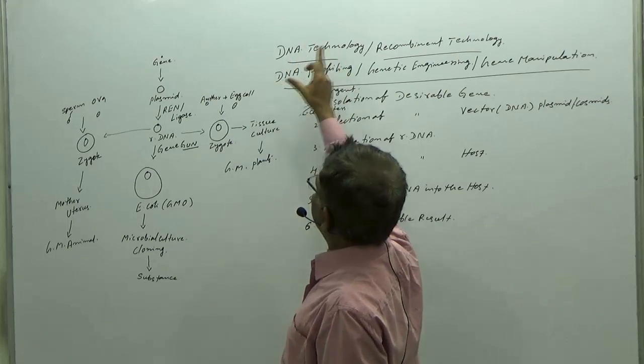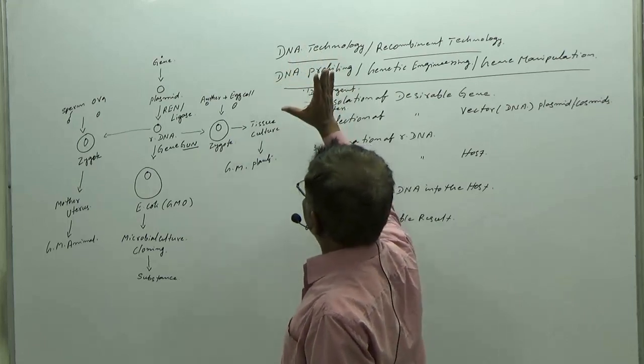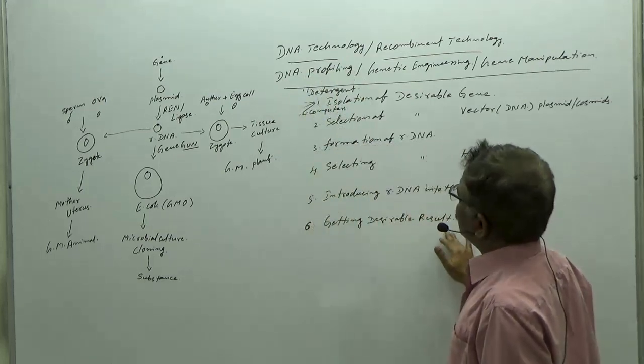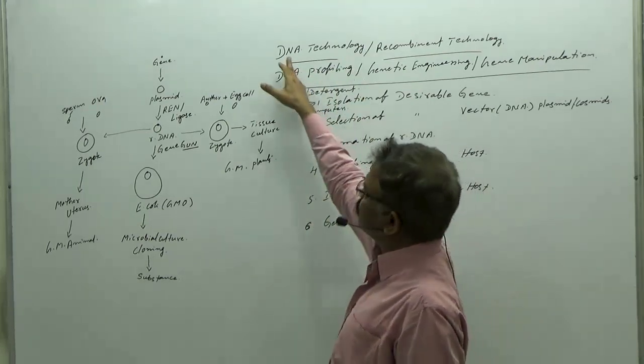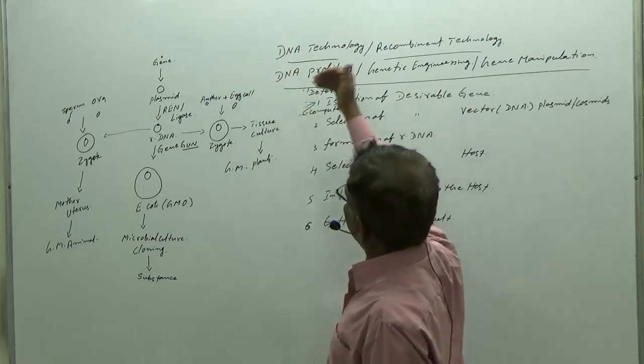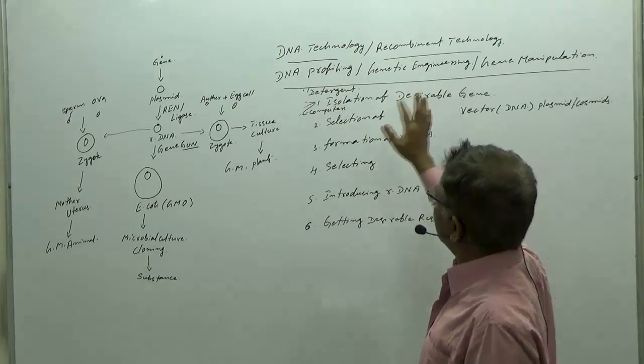DNA technology is a specially designed technique useful to get desirable results by manipulating DNA. There is a gene. That is a definition.